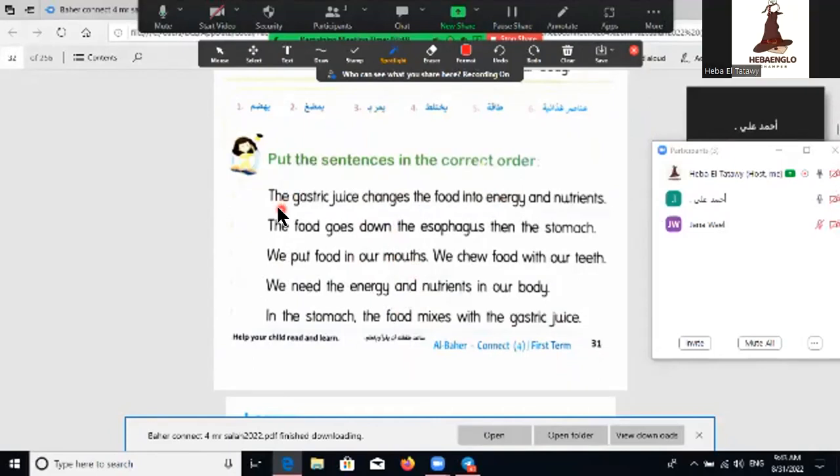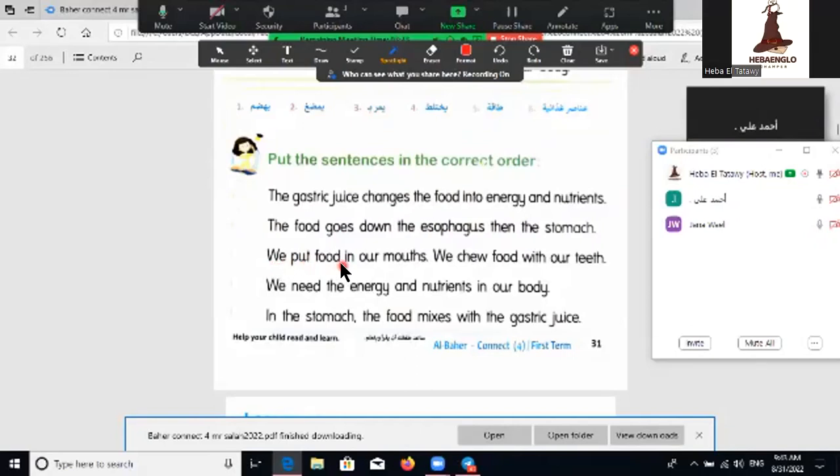Start, Jana. Let's read them all. Read, Jana. The gastric juice changes the food into energy and nutrients. Ahmed: The food goes down the esophagus, then the stomach.